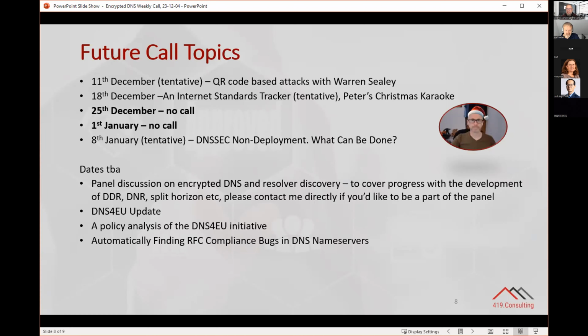And that's where I've tentatively put in a reprise of the presentation I mentioned earlier about DNSSEC non-deployment, and the proposal of whether it needs to be an operator's guide, almost a deployment guide, to go with a standard.